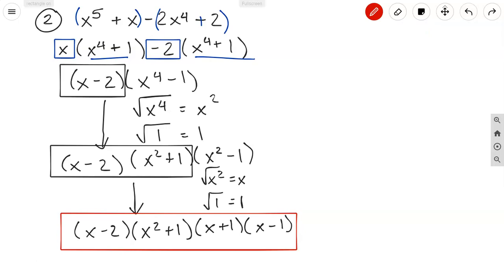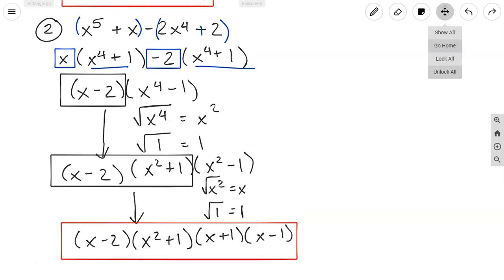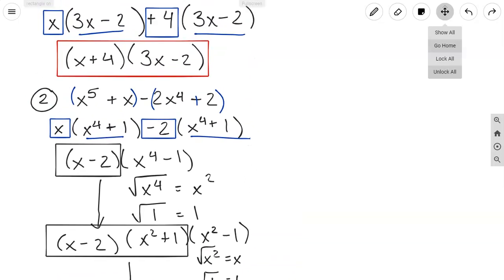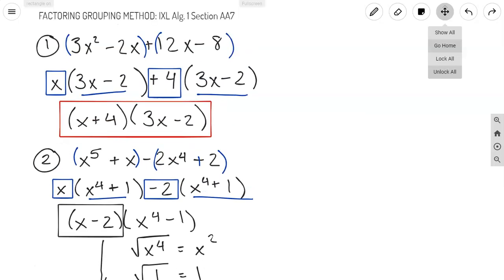And that is how you factor using difference of squares. And this was a lot of difference of squares when it was supposed to be about grouping, but you know, it happens. We started off with grouping, we did our grouping method, and we just found out we can factor it further. This one we couldn't, so we just left it there.